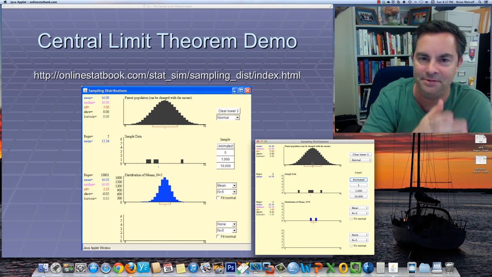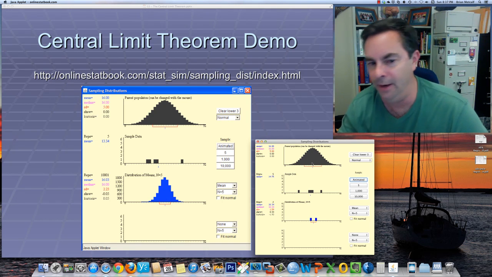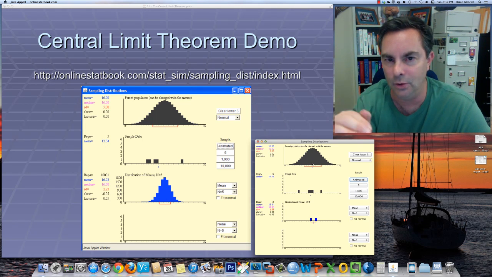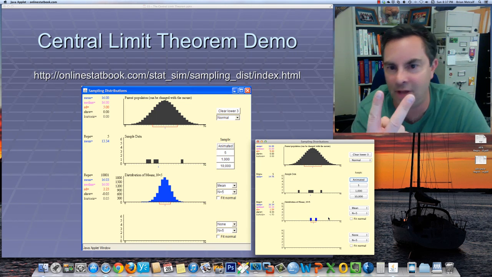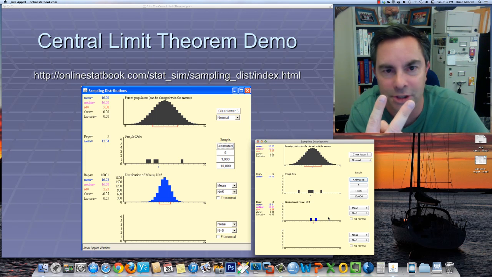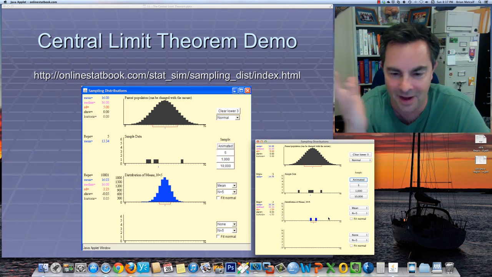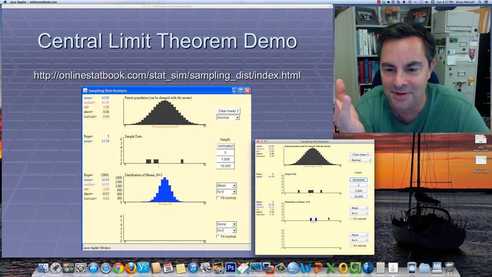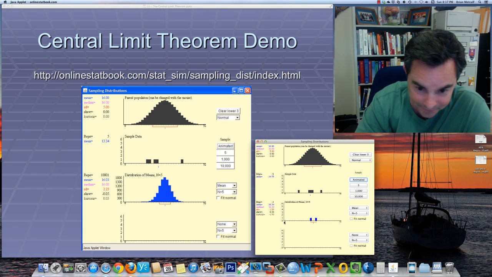I keep saying that the mean of means will be a dead ringer for the population mean. Mu x bar will equal mu. All right, this is mu up here. This is mu x bar. With just 2 samples out of the whole ocean of teaspoons of samples, I've got a pretty good estimate of the population mean already, okay?